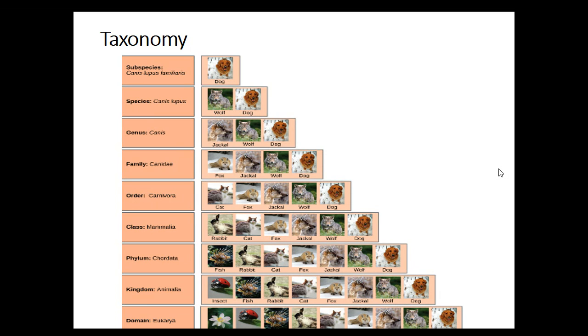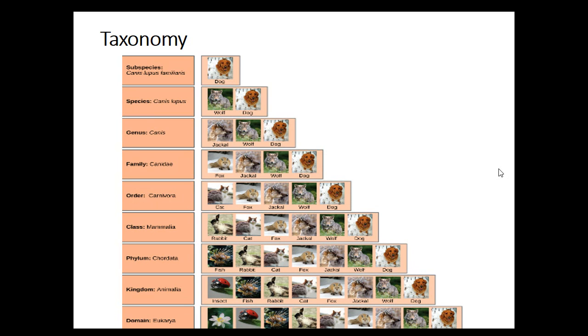But if we go down one level, the kingdom Animalia. Now this includes all these animals, but it doesn't include the plants. Plants are in a different kingdom. Fungi are their own kingdom. So we narrow it down a little more. The phylum Chordata.